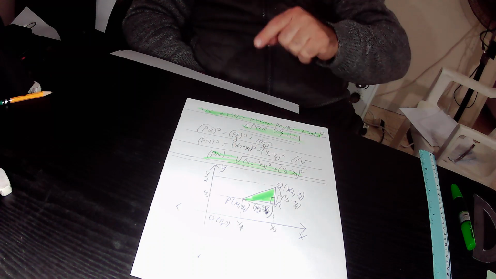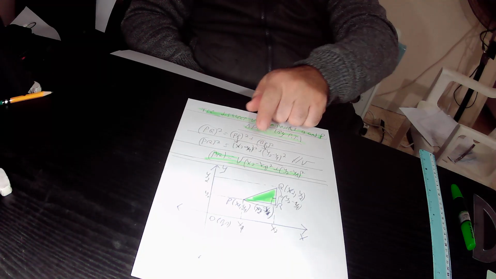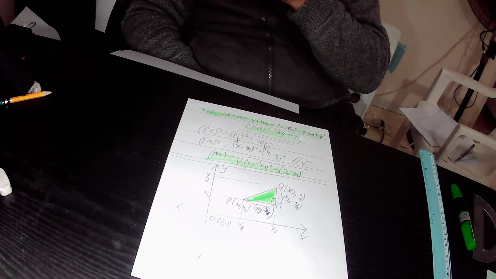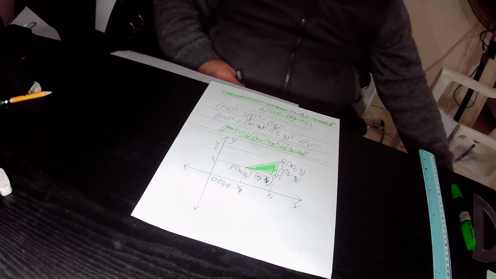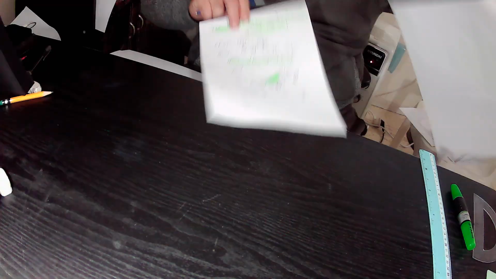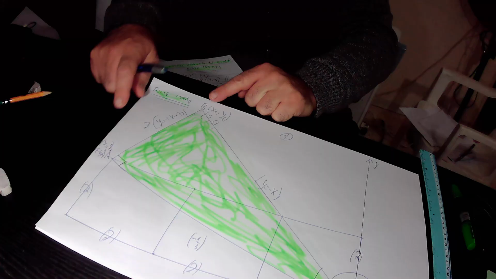The equation is PQ equals the square root of x2 minus x1 squared plus y2 minus y1 squared. So we use the new formula in order to find out the distance between those 2 points A and B.